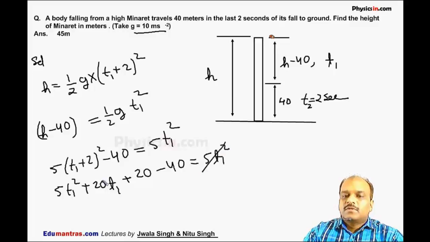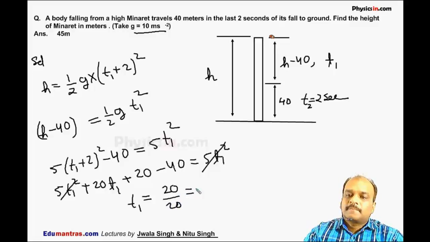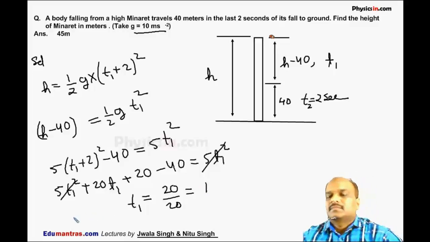So this 5 t1 square and this 5 t1 square will cancel out. We get t1 is equal to 40 minus 20, that is 20, divided by 20. So it comes out to be 1 second. So t1 is 1 second.